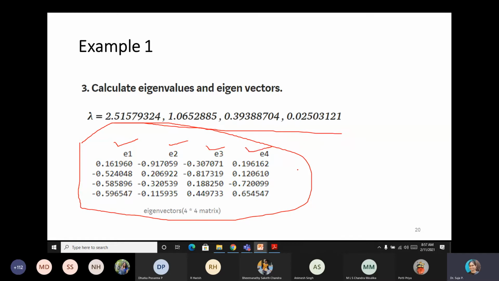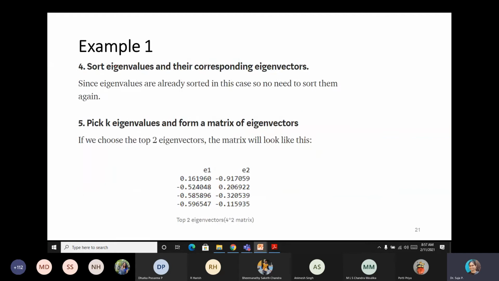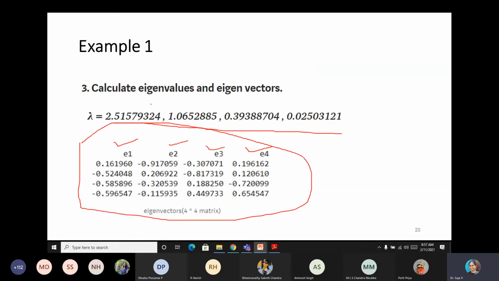The next step is to sort eigenvalues with their corresponding eigenvectors. Sorting means we have to do it in descending order based on the values 2.5, 1.06, 0.39 and 0.02. In this particular example, it is already sorted, so we need not sort once again.